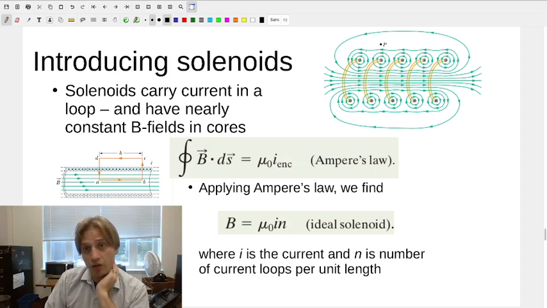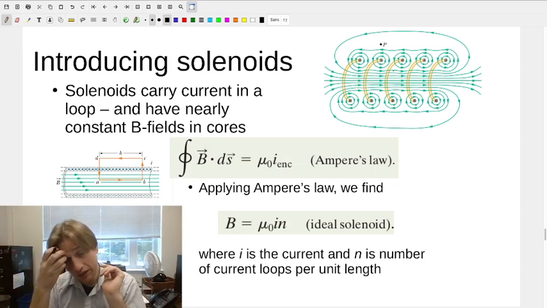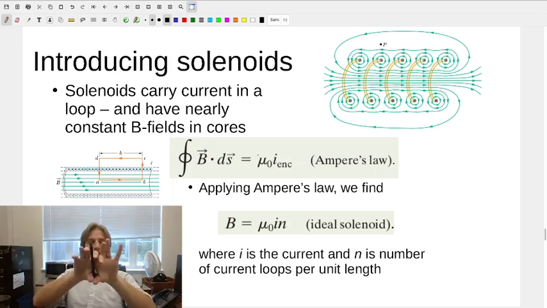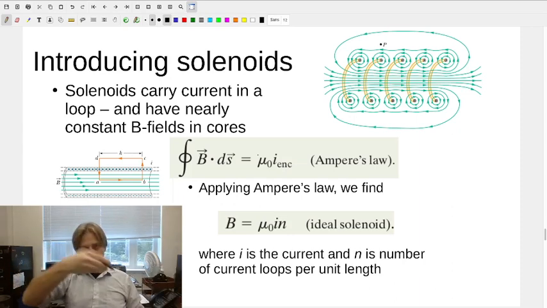So if all of those field vectors are pointing in the same direction in the middle of the loops and you smush them together, it begins to look just like a constant magnetic field inside, and the fields outside effectively cancel out, so you get a zero magnetic field outside. Okay, and that's the idea of an infinitely long spiraling current.